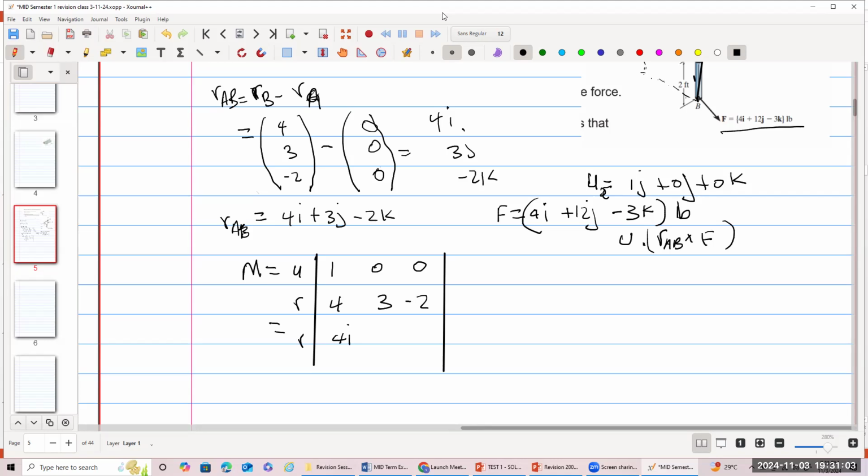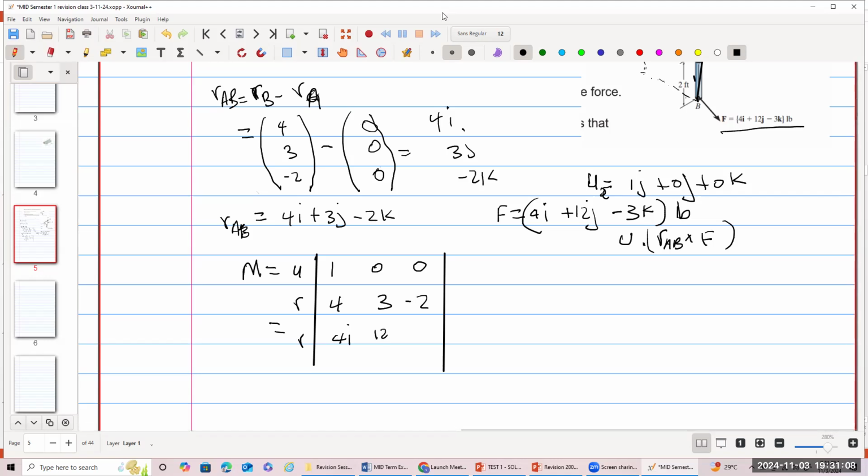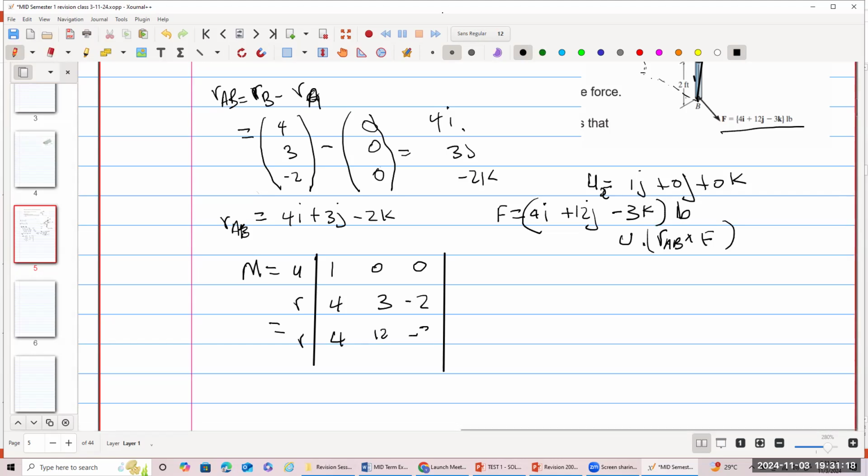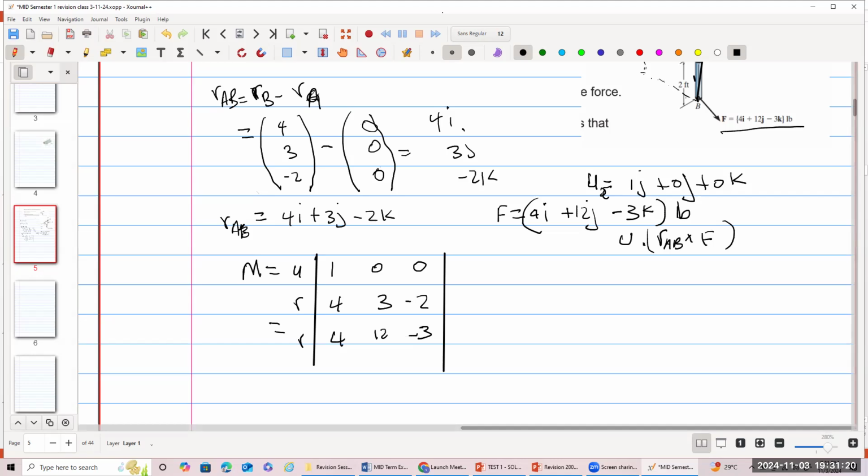So this one was positive 12. This is 4. The next one is minus 3, which is a k. So we just need to do the multiplication of this.